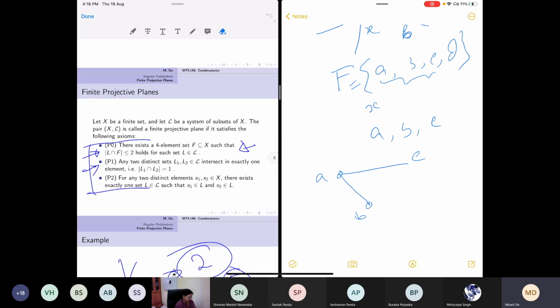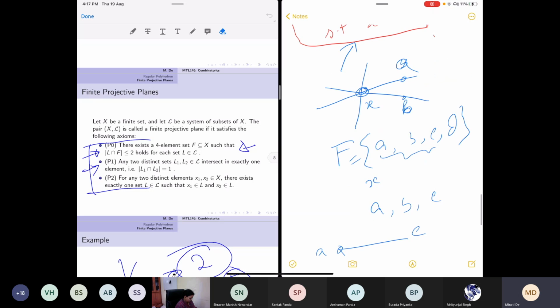Is it possible that X is lying on both of them? Already A is the intersection, so X cannot lie on both AB and AC for sure. So one of the lines is not containing X. From there you have one line, right? So it's straightforward. Good.